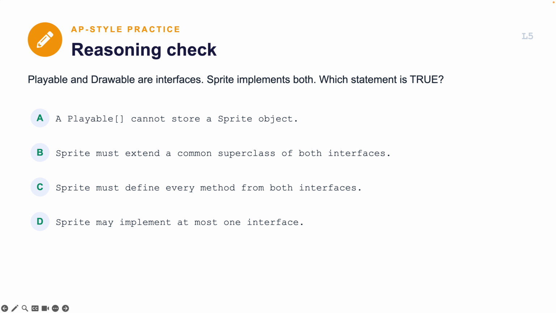Option D is false. A class may implement many interfaces. Option C is true. Implementing both interfaces obligates Sprite to define all methods declared in each. Again, interface, contract. Each interface is a separate promise, and the class must keep every single one of them.